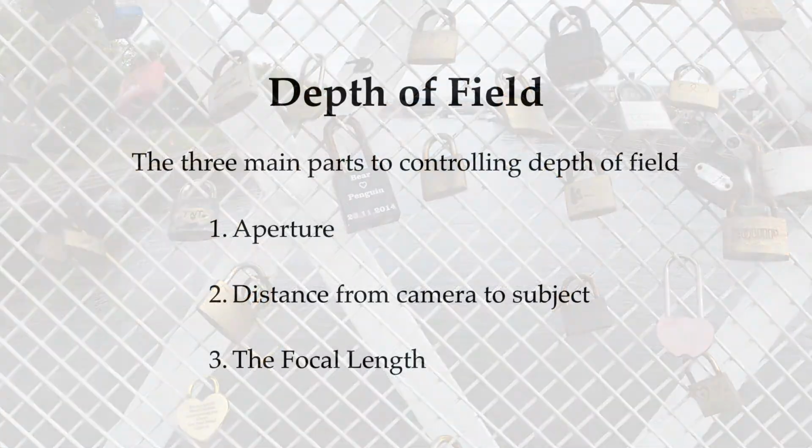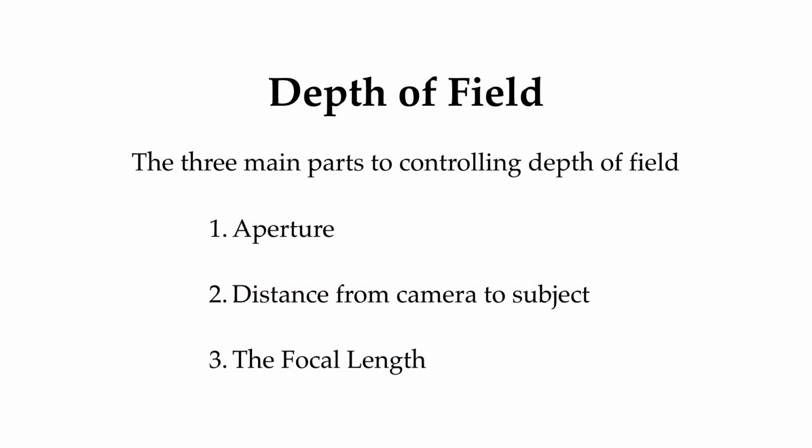Okay, before we look at the images I've taken to show you the difference in perspective and macro photography, what we're going to be looking at is the three main things that control our depth of field.